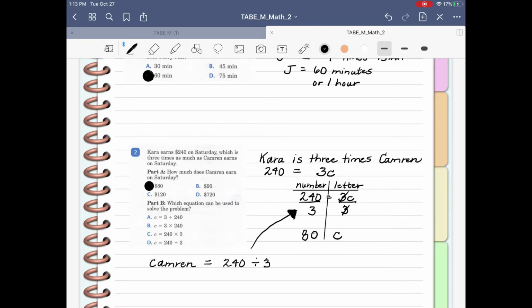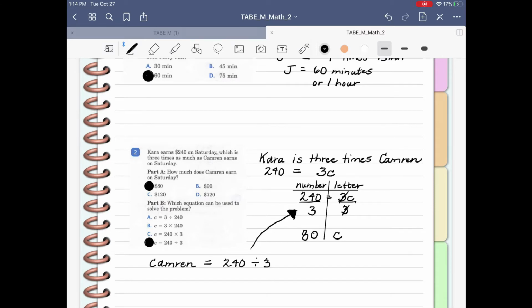So 240 divided by 3 would be D. That's how we solved the equation that we set up. So to get this question correct, to get full credit, you would have to tell me both A and D on that second part. This is a two-part question.